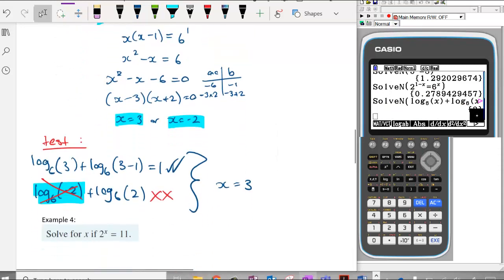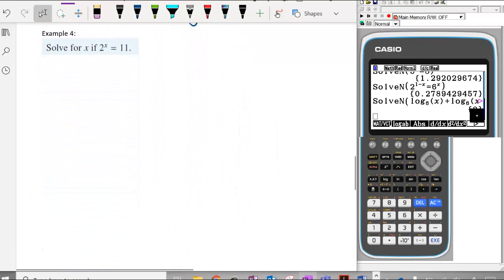Okay. So example 4 is a nice simple one. I'm going to show you it in 2 different approaches though, just so you understand that it can be done in different ways. We have 2 to the power of x is equal to 11. Now the simple one is, we use our log base 2. So we convert this to log form.